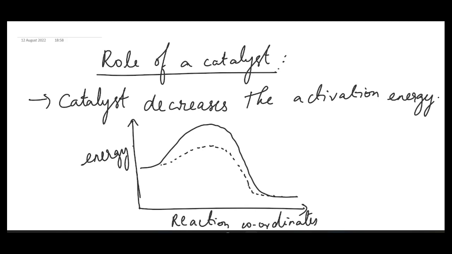That is, the dotted lines now represent the reaction with the catalyst. In the first reaction, without the catalyst, this whole barrier was the activation energy initially. In the second reaction, the energy gap has significantly been reduced, as we can already see diagrammatically. Now this is the new EA.